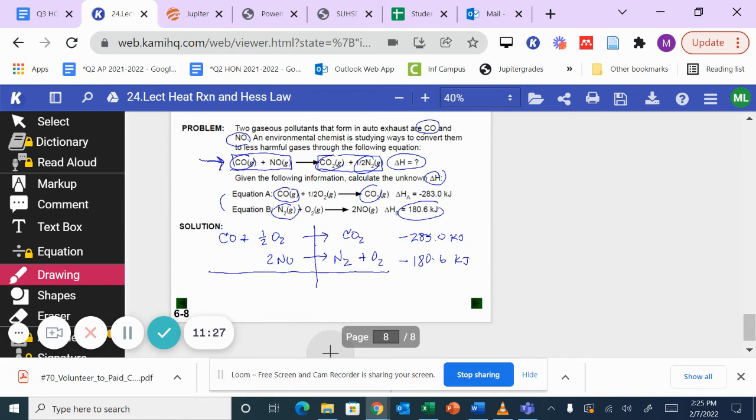Okay. Next thing I do is I add these up, making sure that it adds up to the overall reaction. Let's see, what can I cancel? I don't have any O2, and I see a 1/2 there. So I think I will go ahead and double the top to cancel all the O2s. Let's see if that works.